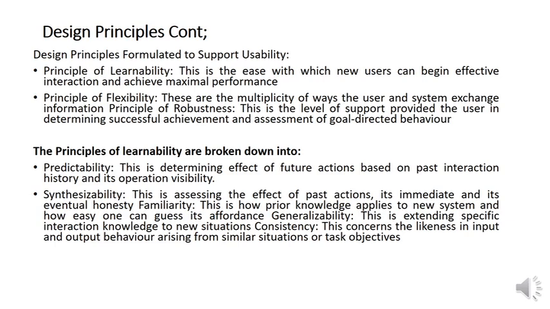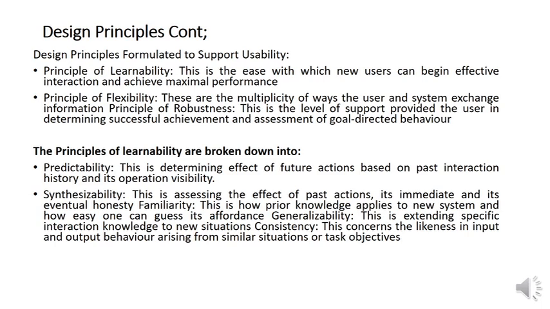Then the principle of flexibility. These are the multiplicity of ways the user and system exchange information. Principle of robustness. That's another one. That is, the principle of flexibility concerns user and system interactions. Then robustness.